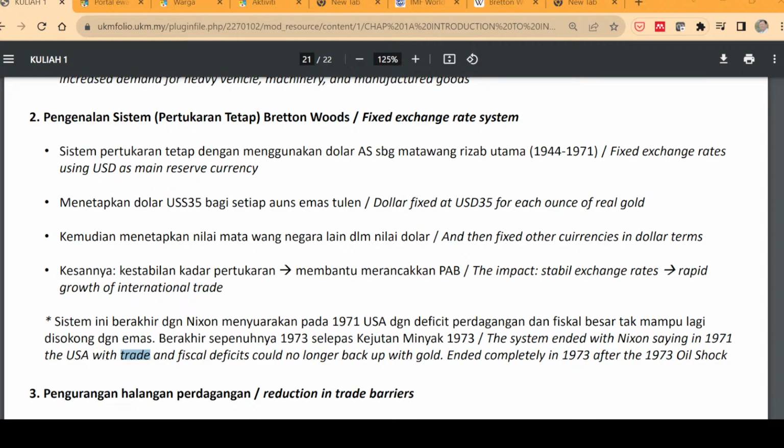Again, you have to know the Bretton Woods system. This will come up later in our topic, the difference between IMF and World Bank.